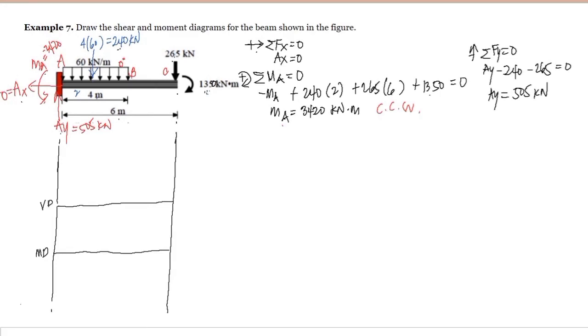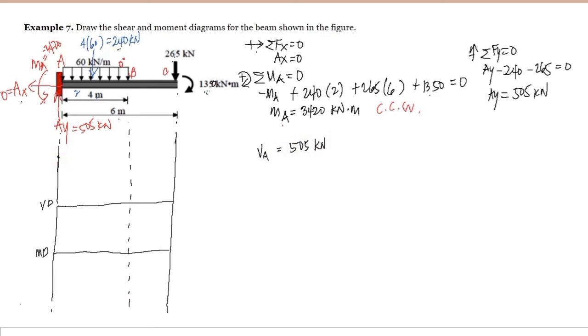Since we already computed the reactions of the support, let's draw our shear and moment diagram using the area method. For the shear at point A, this is just equal to the reaction AY, which is equal to 505 kilonewton.